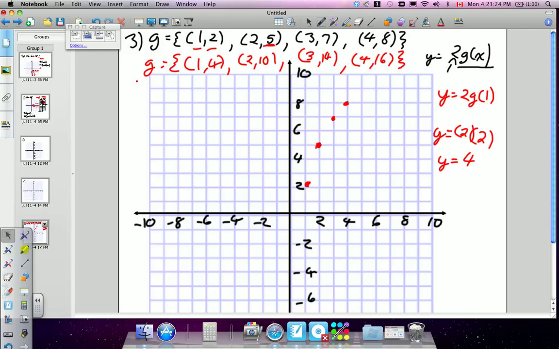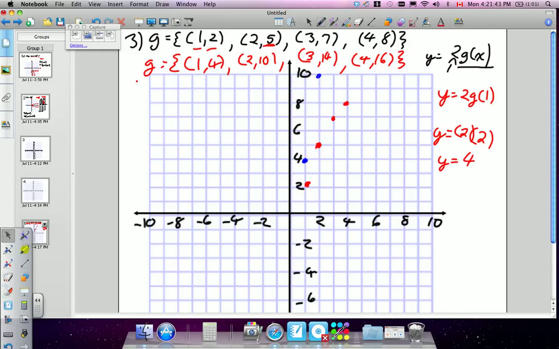So our new function, we'll do it in blue. When x is 1, y is 4. When x is 2, y is 10. And obviously this isn't going to fit, but these are our new points. Essentially what they want you to see is that this has been stretched by a factor of 2.